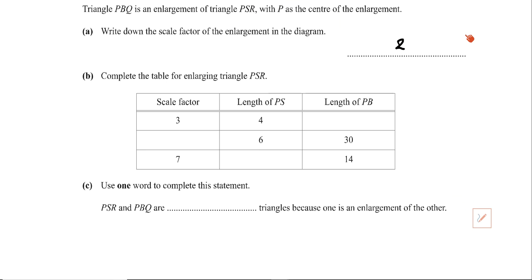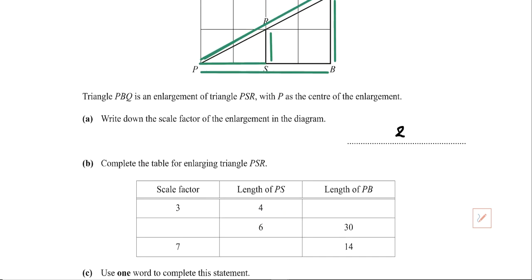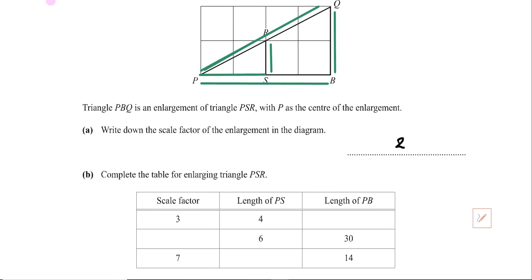So complete the table for enlarging the triangle PSR. If the scale factor is times 3, and the length of PS is 4, the length of PB will be 12. It's as simple as that, one times that.